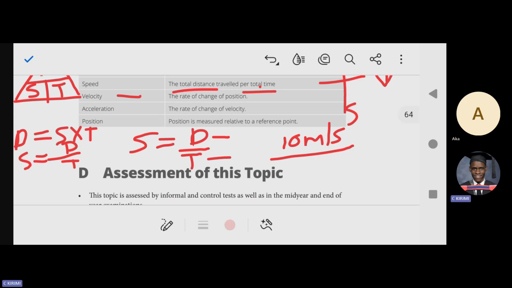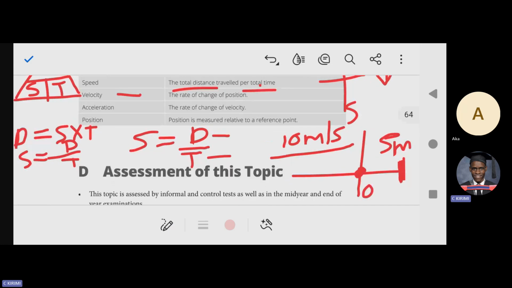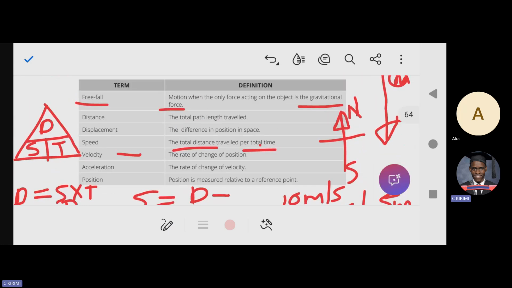For example, assuming the frame of reference is the origin, 0, 0, your position is 5 meters. So it's measured relative to the point of reference. These are just basics you must know in physics. Displacement, speed, velocity, acceleration, distance, you must be able to define them as well.